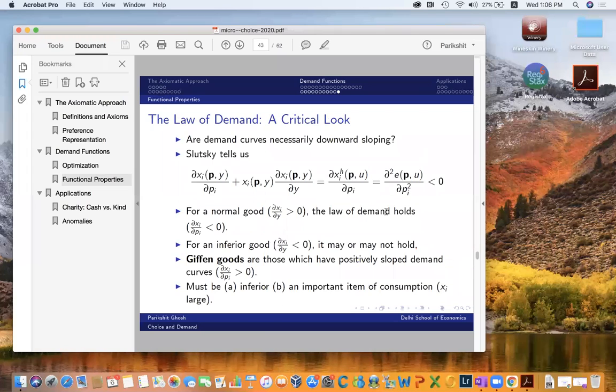They're bought for their intrinsic use value, not to signal something to the rest of society, right? So we're keeping out some of the fancy reasons why some kinds of exotic goods, like fancy cars, may have positively sloped demand curves. Even for mundane goods like bread and potatoes, we can't, strictly speaking, derive the law of demand.